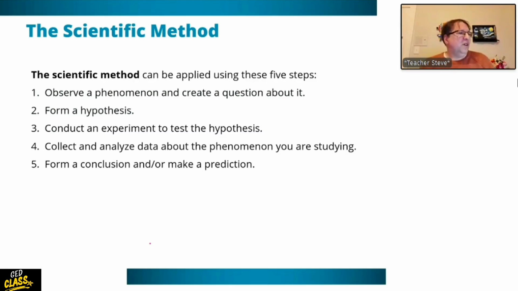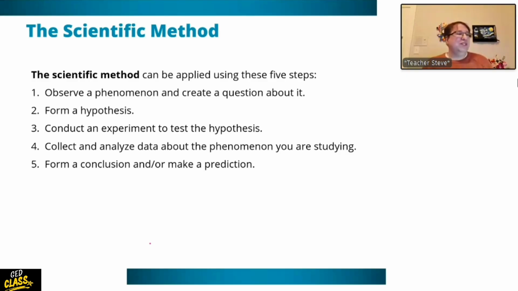And while again, we're not dealing with in-depth scientific knowledge here, we do want you, as part of this idea of starting to think like a scientist, to think about the general scientific method.